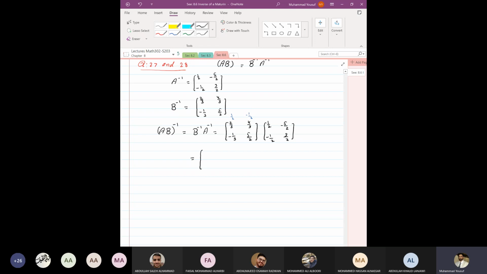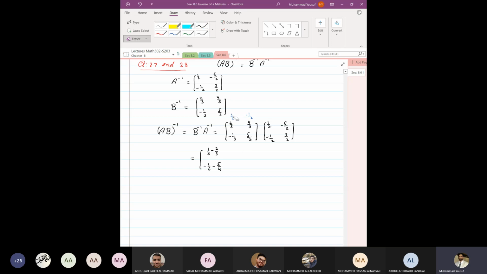So 2 over 3 multiplied by 1 over 2 is 1 over 3. Minus 1 over 2 multiplied by 4 over 3 is minus 2 over 3. And we need to add them. So minus 2 over 3. Similarly, 1 over 2 multiplied by minus 1 over 3 is minus 1 over 6, minus 5 over 4.